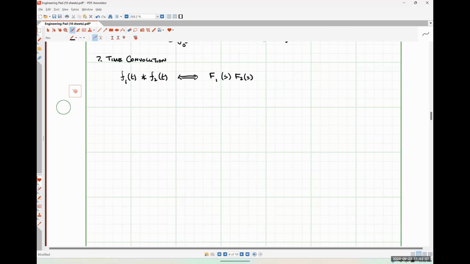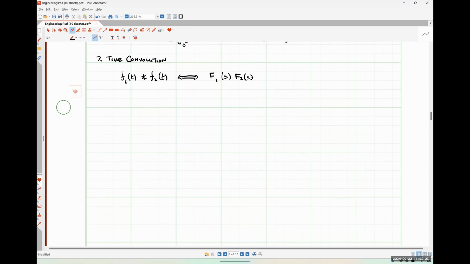So convolution in the time domain effectively looks like multiplication in the frequency domain, which means those terrible integrals and stuff that I made you do in your last homework set literally just look like multiplication if we can figure out what the Laplace transform of those signals is.